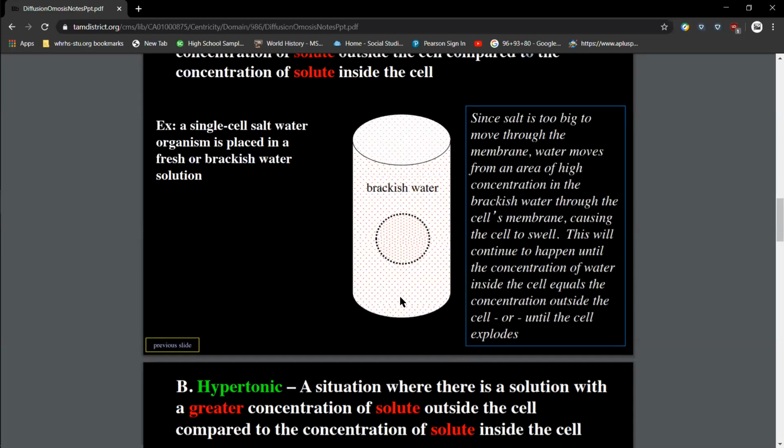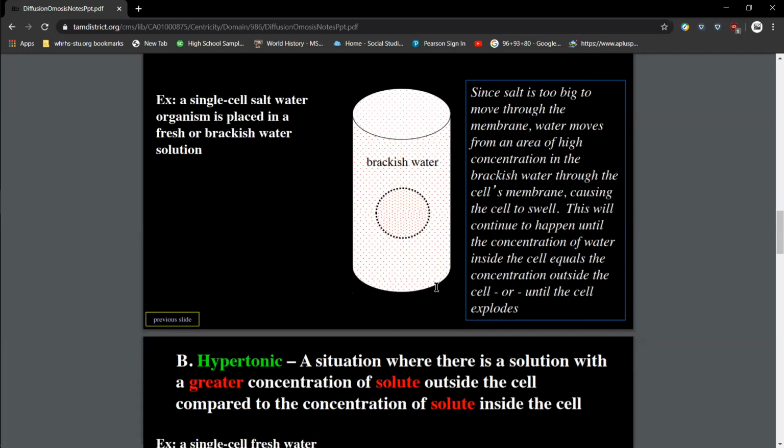But water is in a higher concentration out of the cell and a lower concentration inside the cell. So water is going to move into the cell to balance out this concentration gradient. If the concentration gradient is steep enough, so much water could move into the cell that your cell could burst or explode because it has so much water.